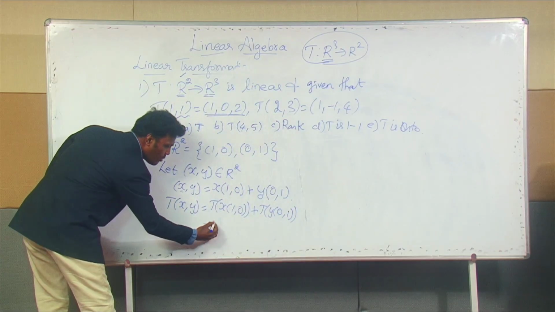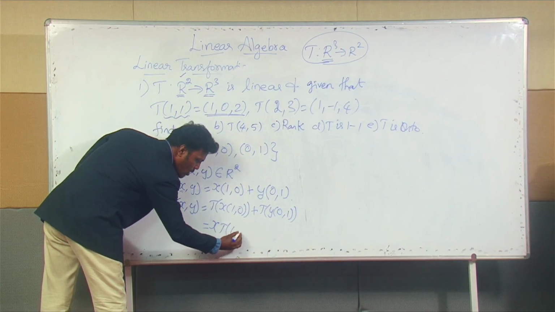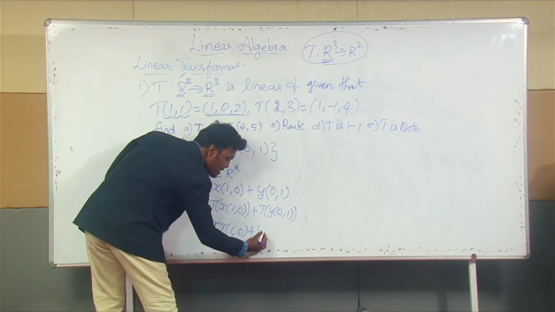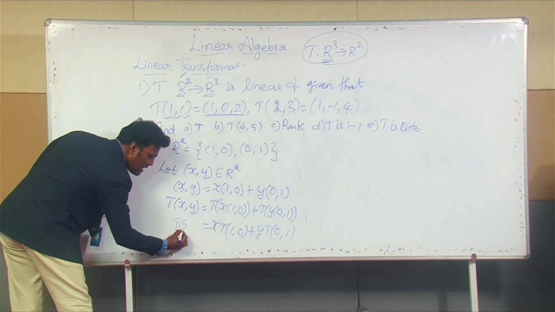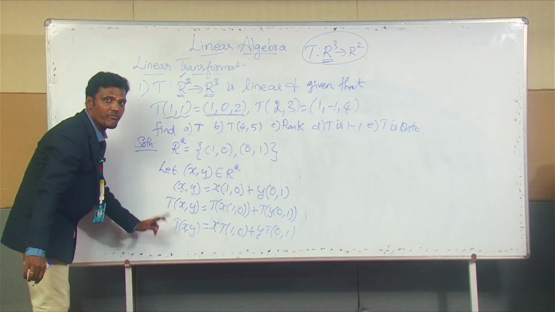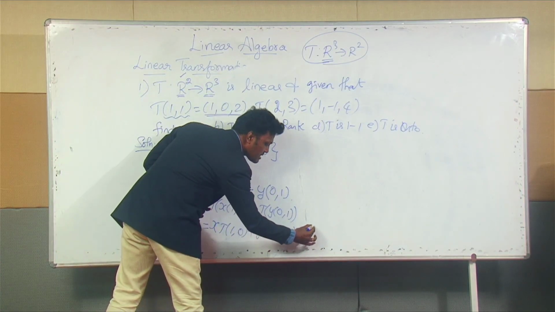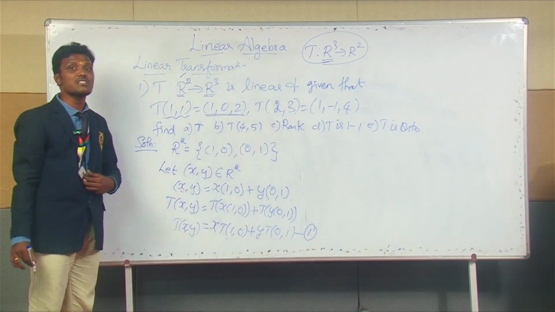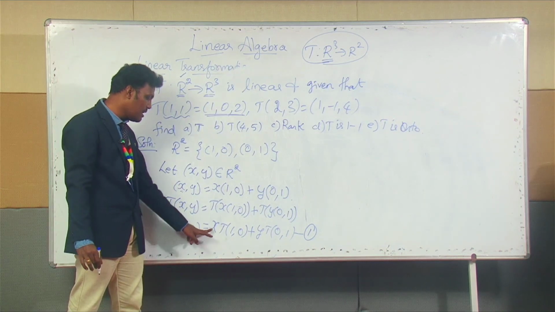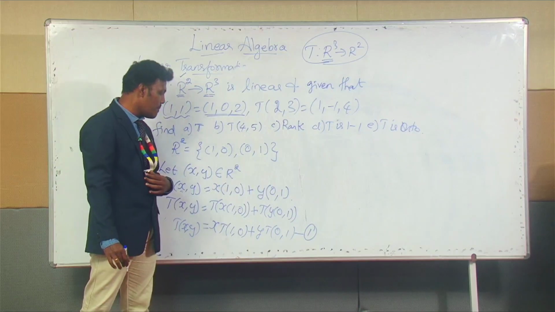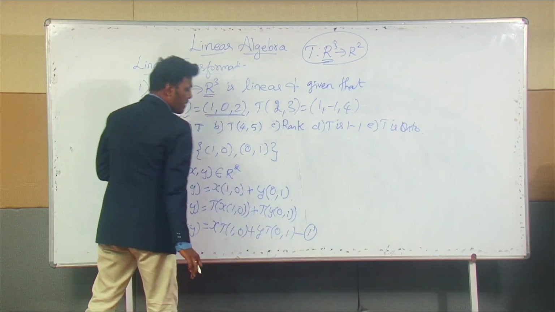Just take the variables outside, so it is x times T of (1,0) plus y times T of (0,1). This is the main condition, T of (x,y). Label this as equation number 1.